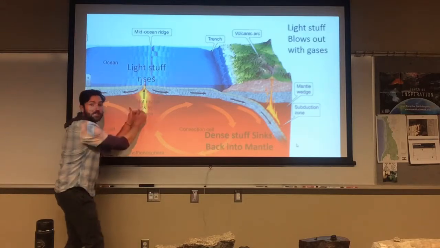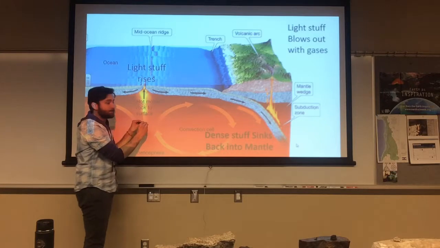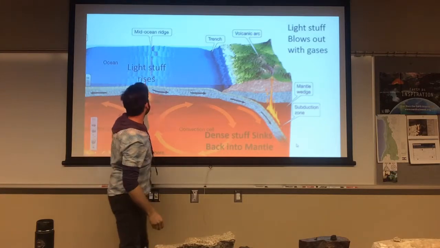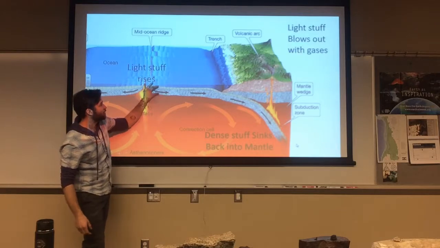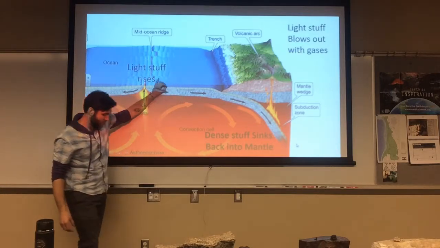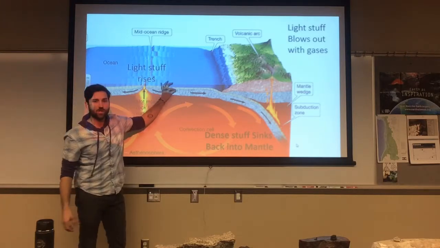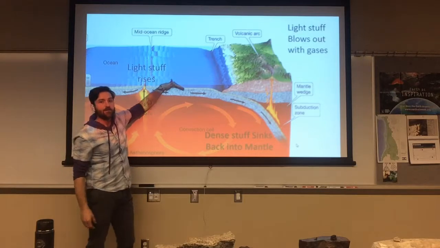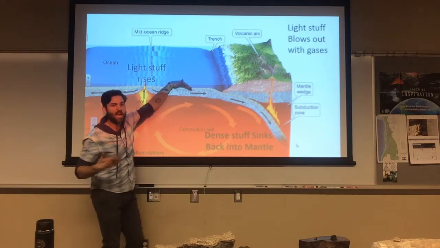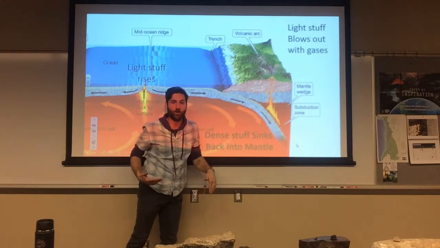Remember the depleted peridotite, it stays in the mantle, so we have a depleted upper mantle. And then also this dense stuff that becomes the depleted mantle of the oceanic lithosphere, and then this dense basaltic crust here, as that drifts away from the mid-ocean ridge and it cools down and becomes more dense, even that stuff sinks back into the mantle.